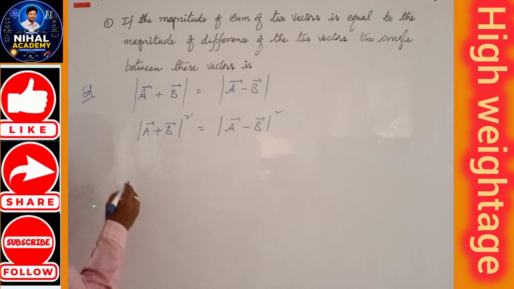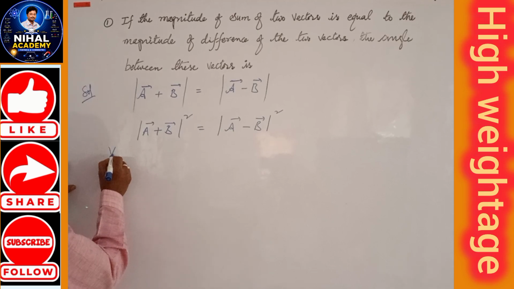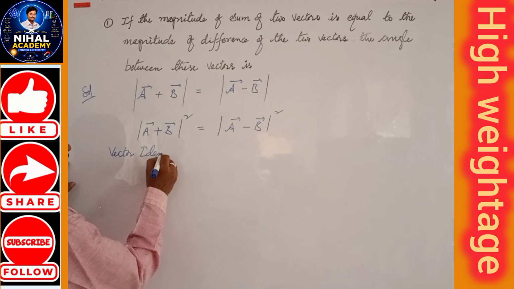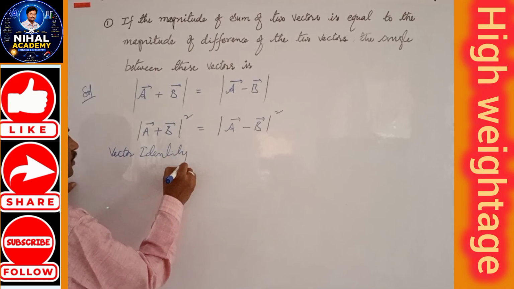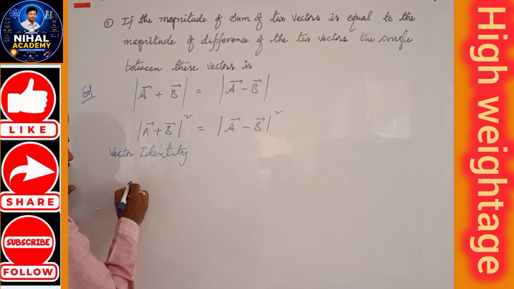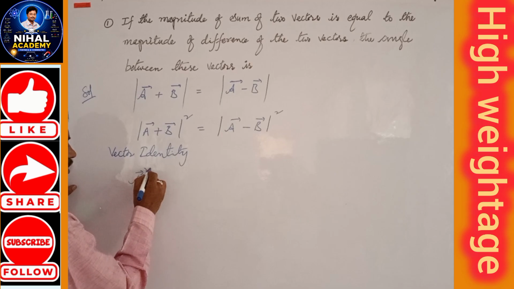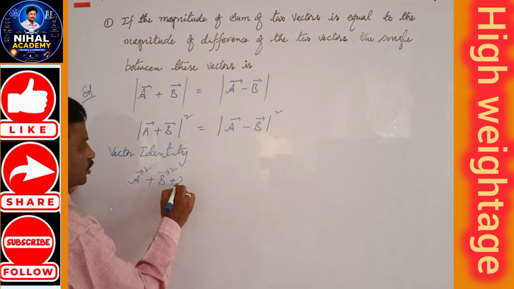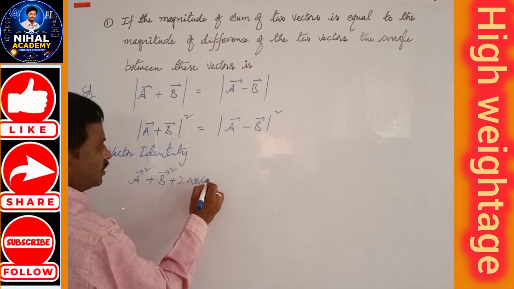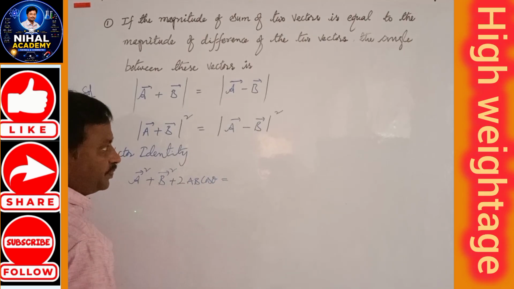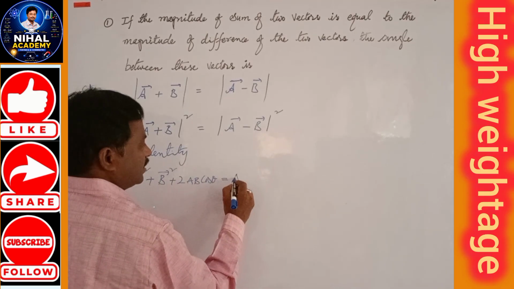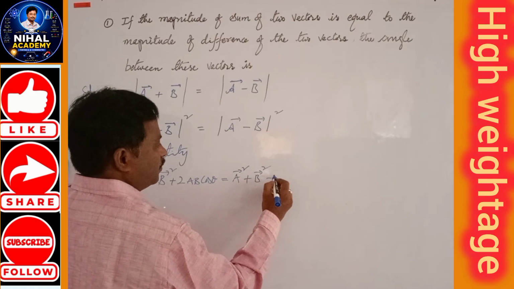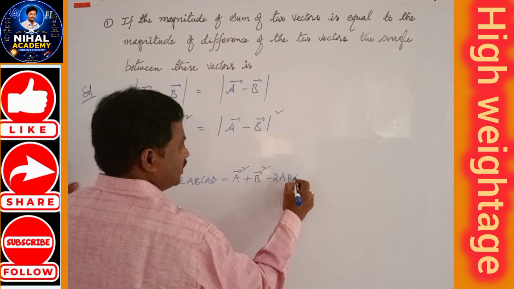As per the vector identity, we can write it as A square plus B square plus 2AB cos theta is equal to A square plus B square minus 2AB cos theta.